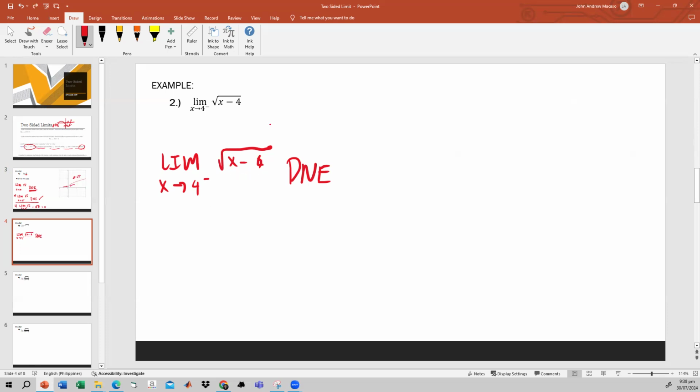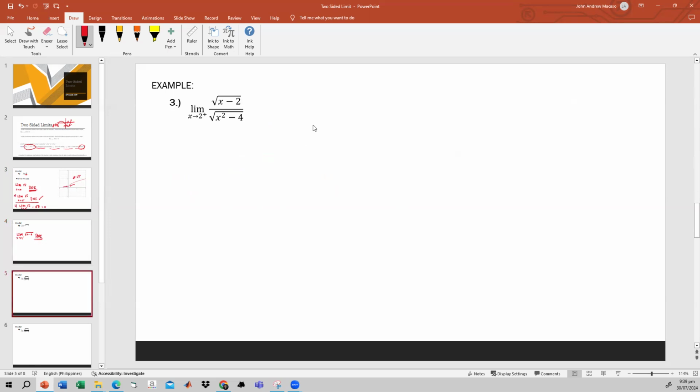Because if, let's say, x is 3.5, because that's the left side of 4, this will become negative 0.5, and this will become, of course, an imaginary number. So it means that from the left of 4, this will become DNE. So I hope you get the point in here. Okay, so let's proceed with the next one.